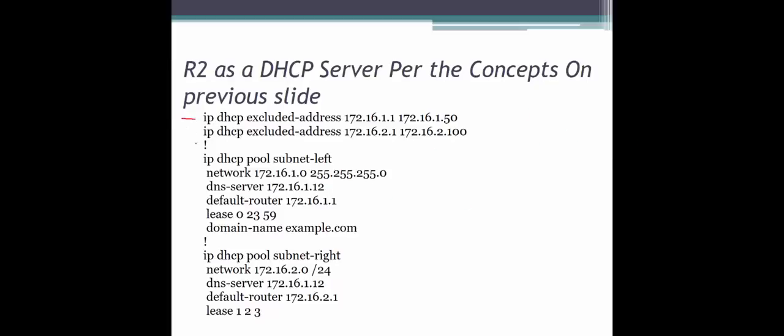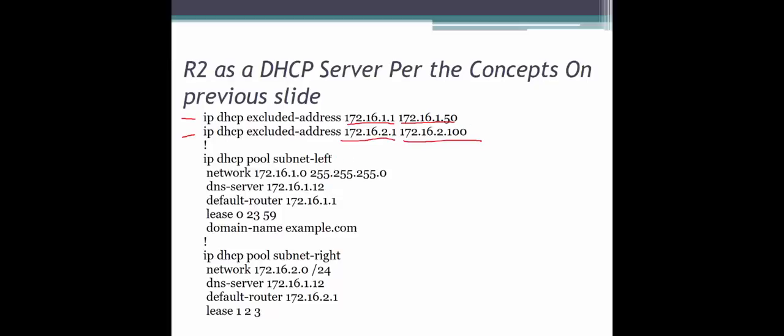That's for the left. Again, notice the network ID and the address. So here we're saying on the left side, we are not going to use 1 through 50. On the right side, we're not going to use 1 through 100.